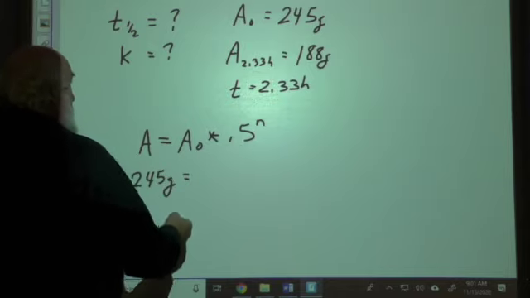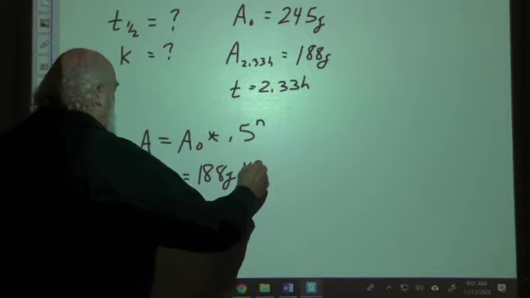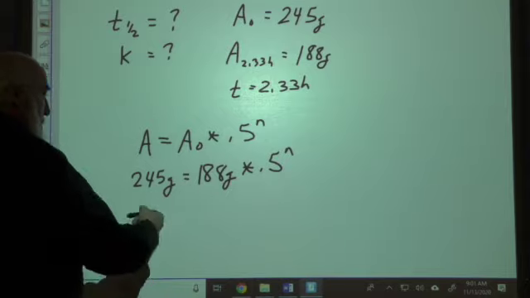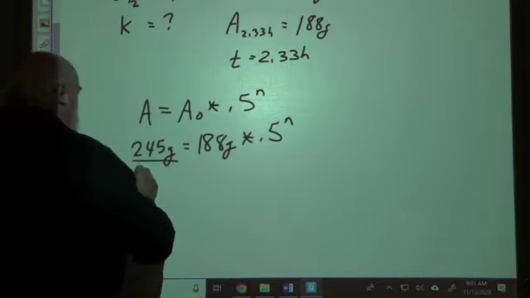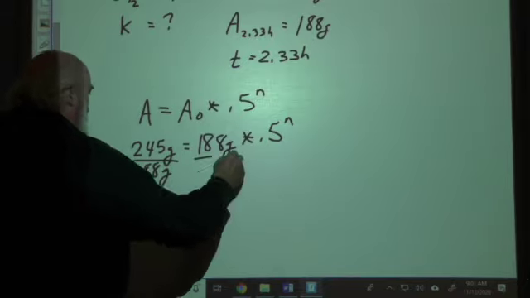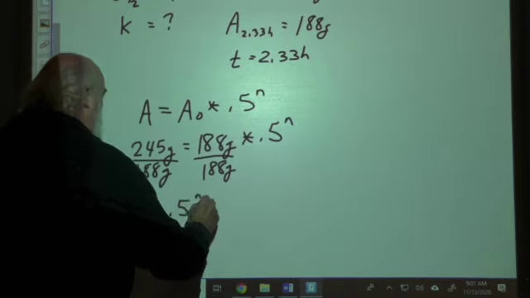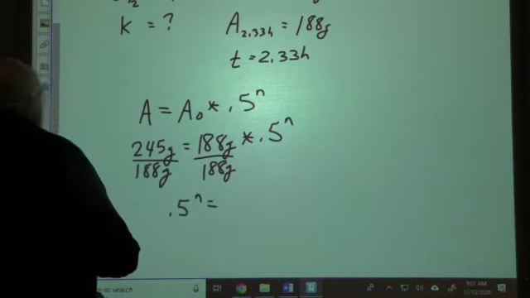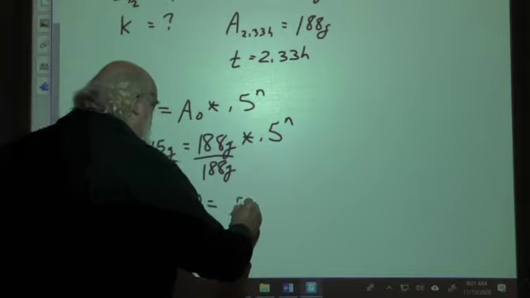We do know A sub 0 is 188 grams times 0.5 to the n power. So we divide both sides by 188 grams. We get 0.5 to the n power is equal to 0.767.